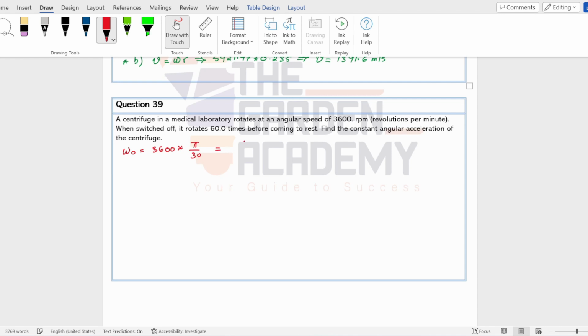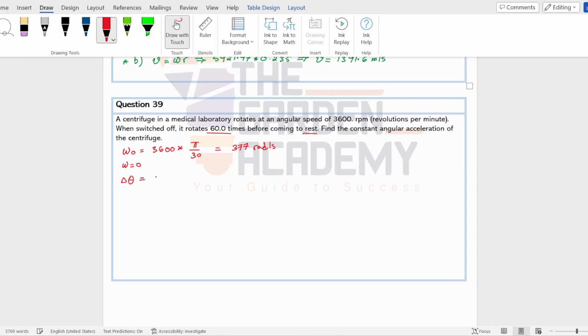And the answer of this is 377 radians per second. It says that it comes to a complete stop. So basically, this value is omega naught. What is omega final? Omega final is equal to 0, because it comes to a complete stop, to rest. How many revolutions does it make? It makes 60 revolutions. So we also have to find delta theta in radians.